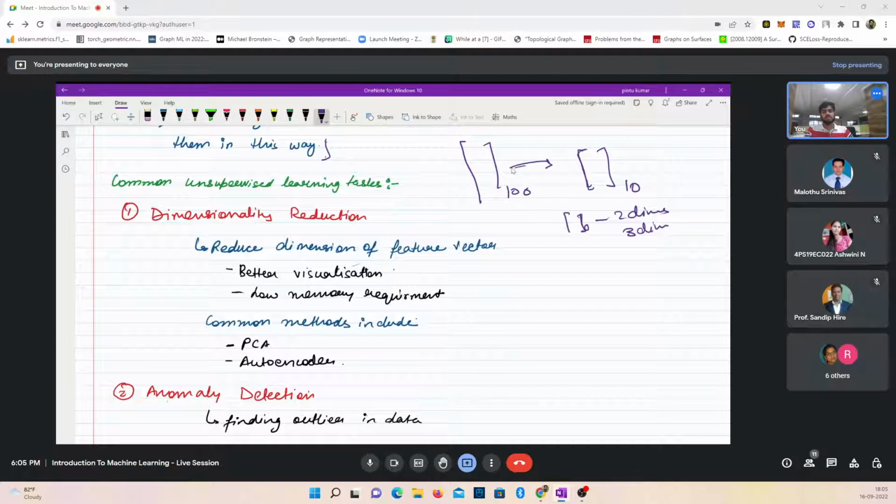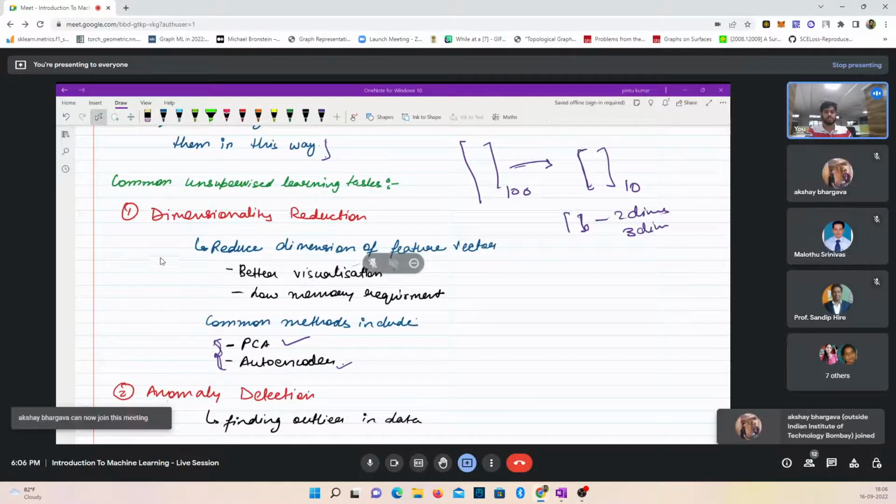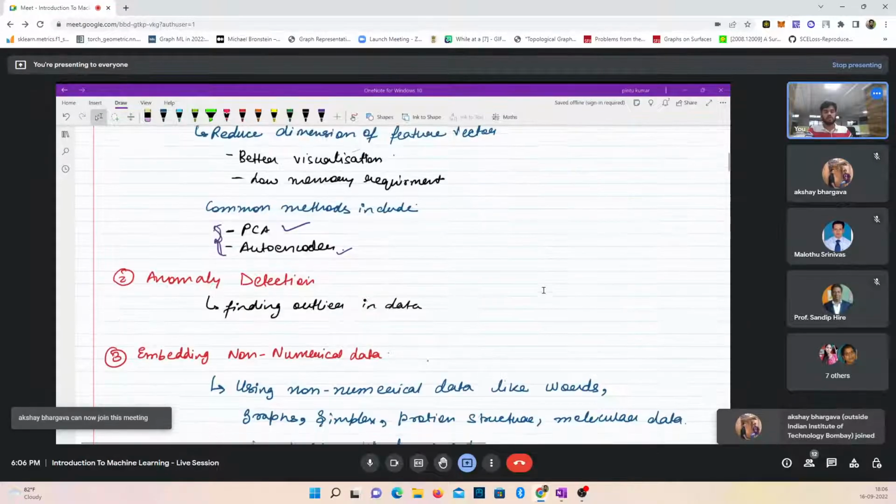Some of the common techniques used for dimensionality reduction are principal component analysis and autoencoders. Both of these techniques have been covered in the lecture course at some point. I'm just mentioning it right now.